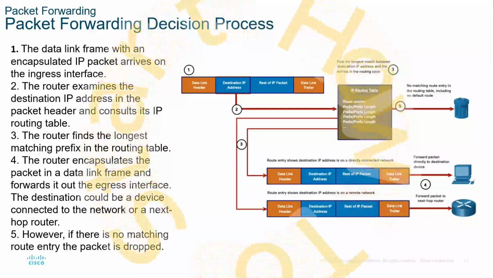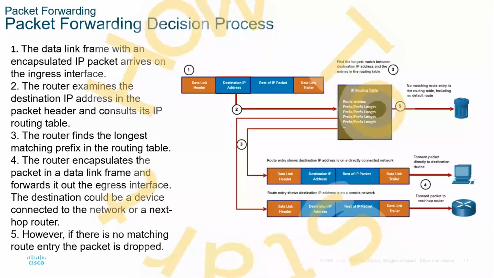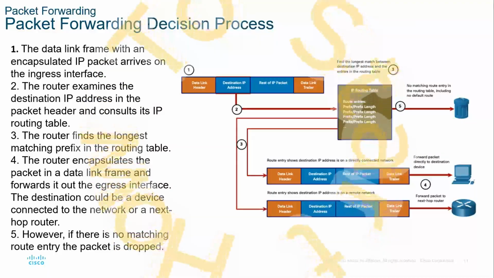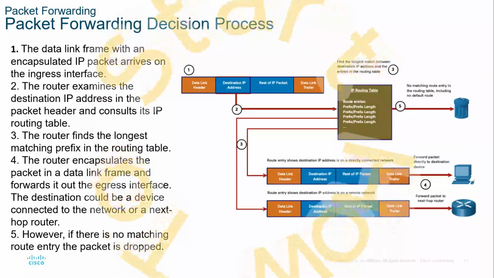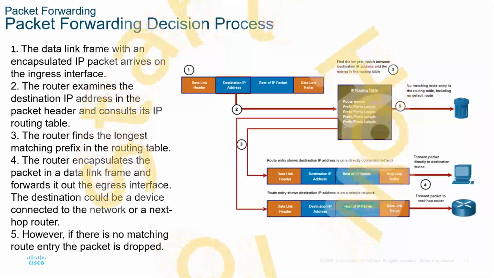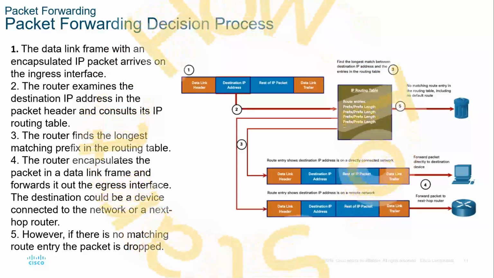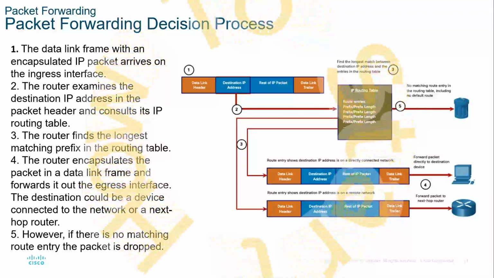The router will encapsulate the packet in a new data link frame and then forward it out the appropriate egress interface. The destination could be a device connected to the network, or could also be a next hop router. It kind of just depends. If there is no matching route and there is no default route set, the packet will be dropped.